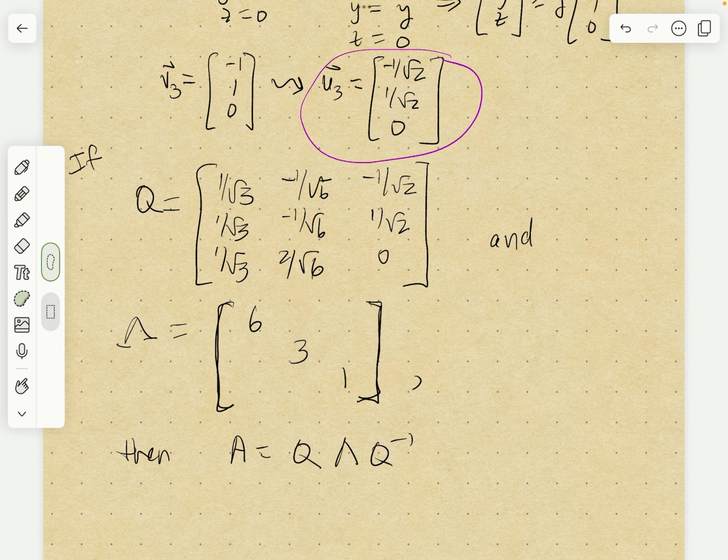Okay, so you do have some leeway in your Q and your lambda, but you need these vectors. See, in this case, you have 3 distinct eigenvalues. In this case, you really only have a one-dimensional eigenspace for each eigenvalue.